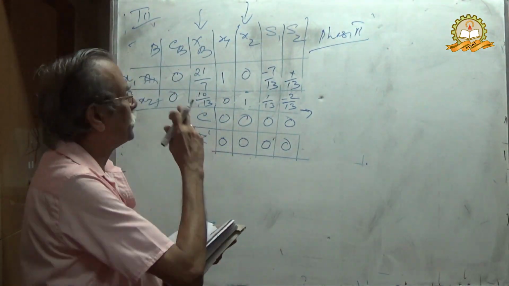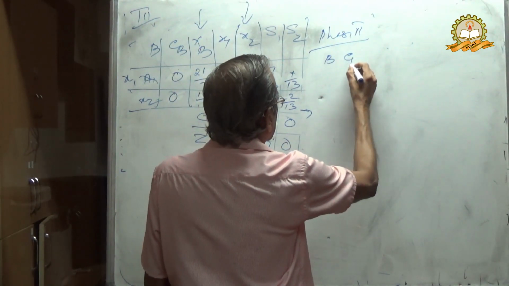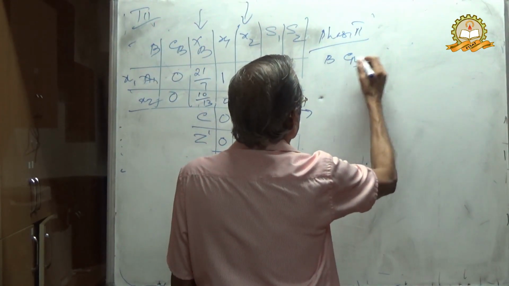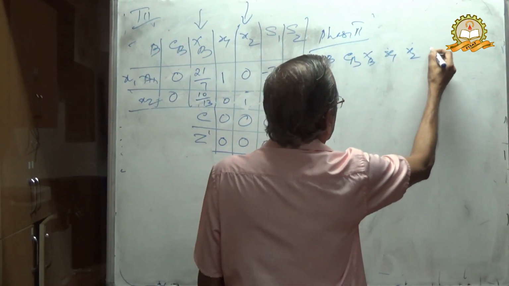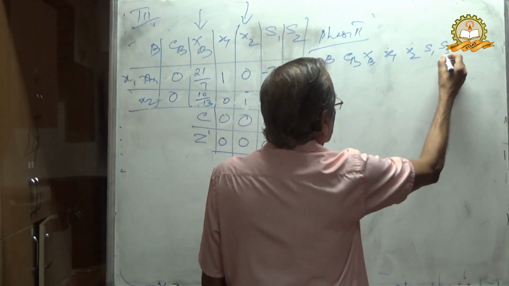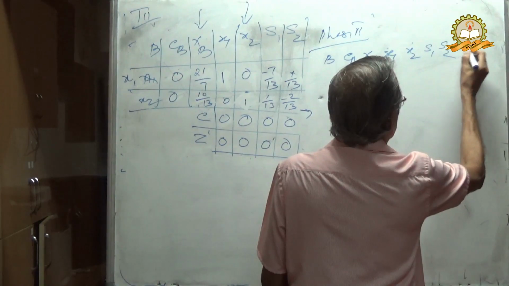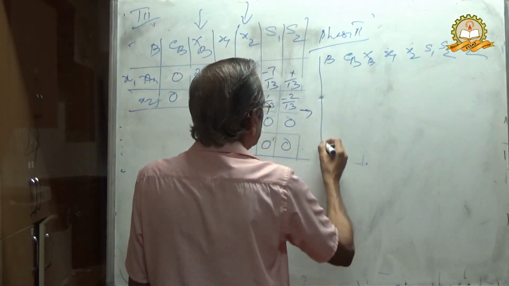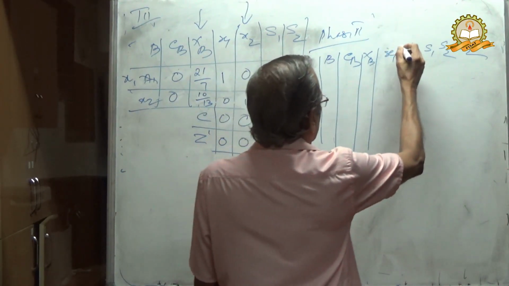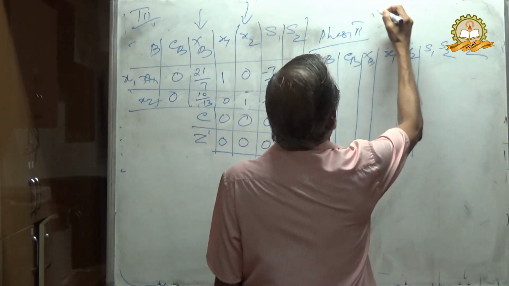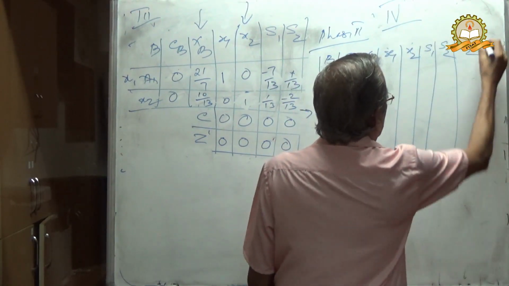After obtaining phase 1, again you create another simplex table, namely the fourth table.